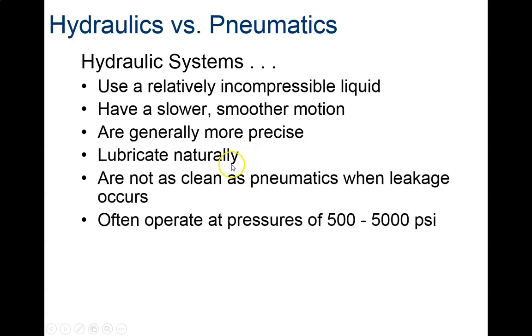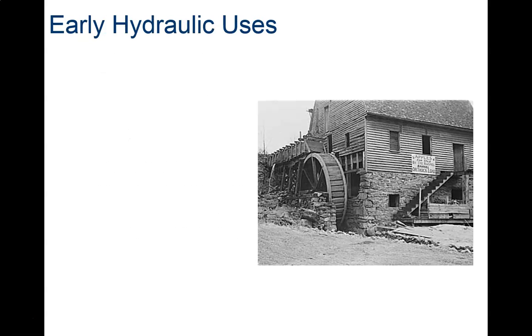You do not need another lubricant because they use an oil to begin with. They do make a mess when there's a leak. If hydraulic fluid leaks all over the place, you've got a problem. They operate at higher pressures and generally produce more power than pneumatic systems.